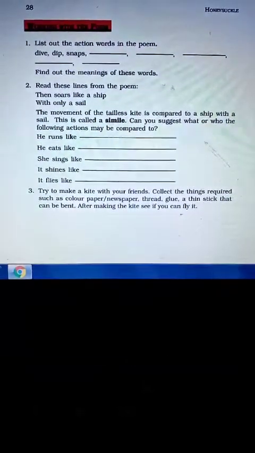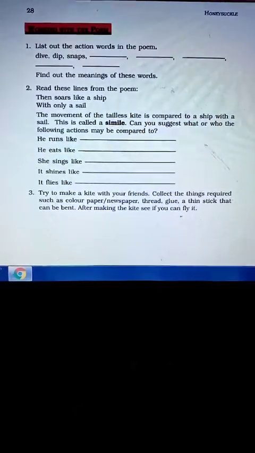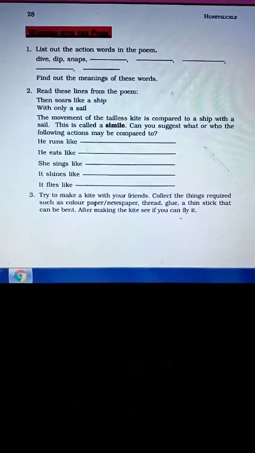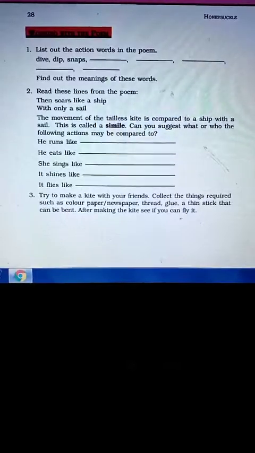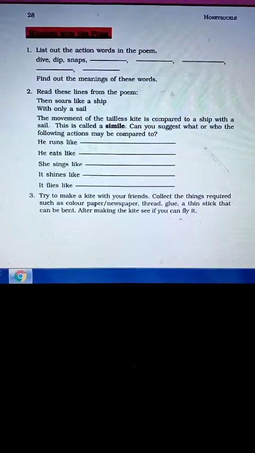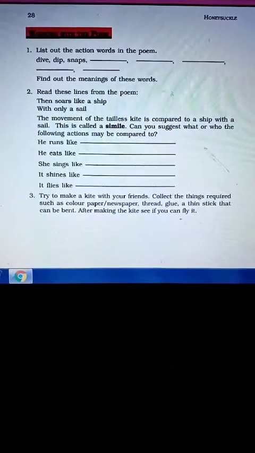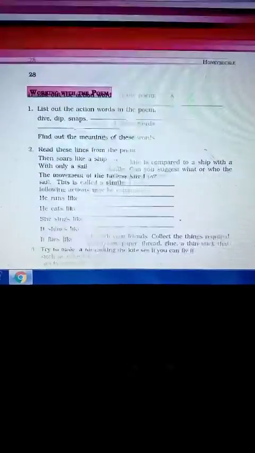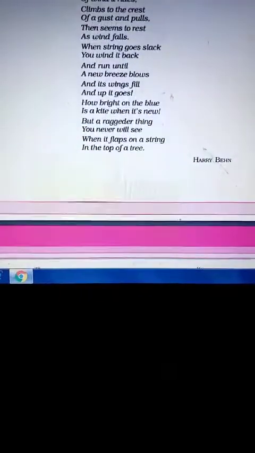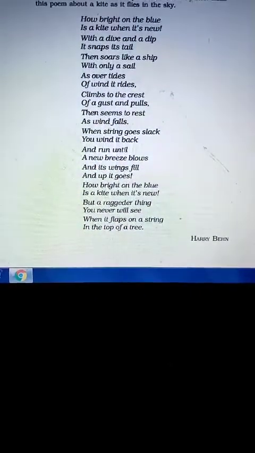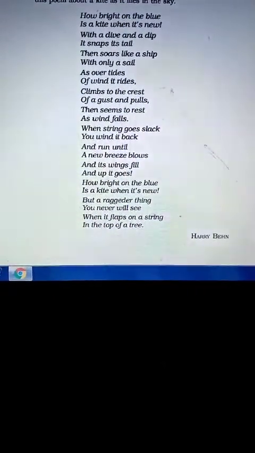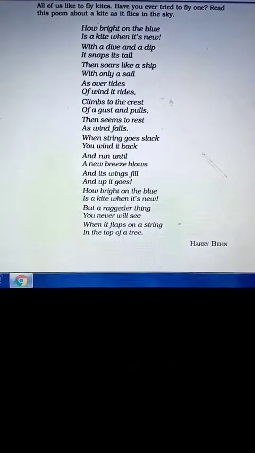Each and every word that describes the action of the subject, the action of a person or an animal, a noun, exactly, is a verb.